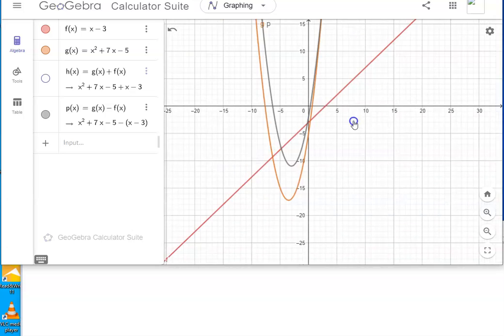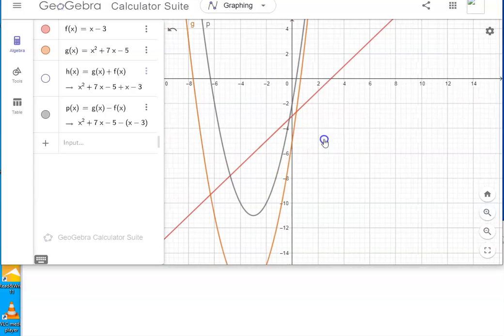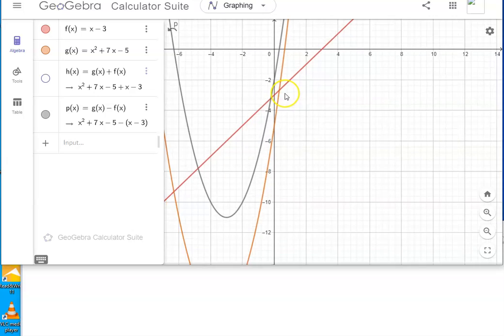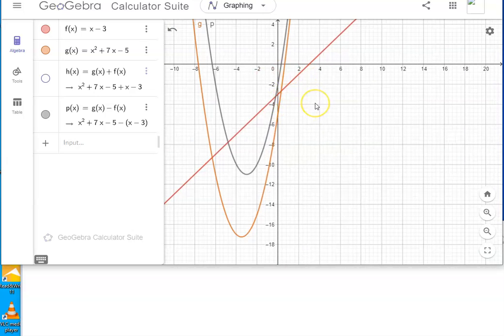But as I get close to 0, the g minus f of x is like, okay, I subtract negative 3 from a negative 5, gives me a negative 2. So there's my g minus f of x. The line, think of it this way, has a mild influence on the parabola if I either subtract it or add.